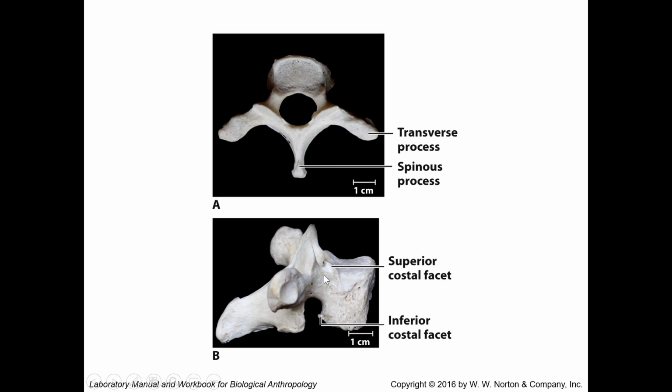And then the spinous process here is a lot longer than we will see in a lumbar and in our cervicals. And then you can see the costal facets, right? That is the key point in identifying a thoracic vertebra, the costal facets right here. And this is where the ribs will articulate.